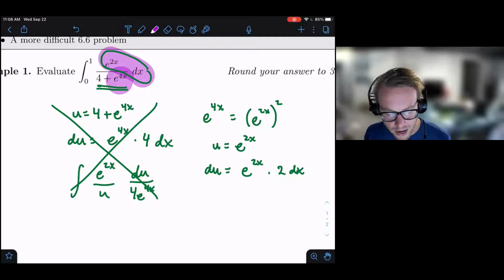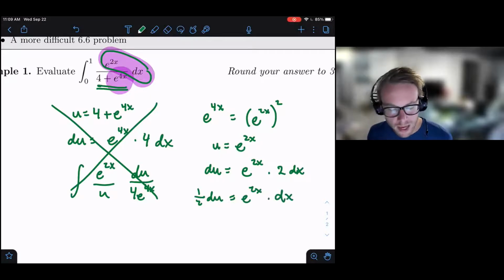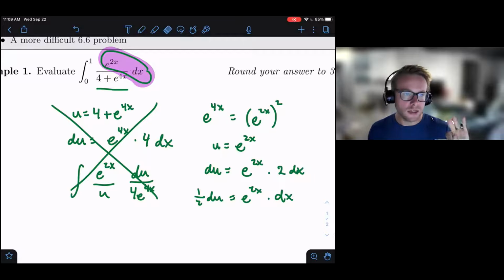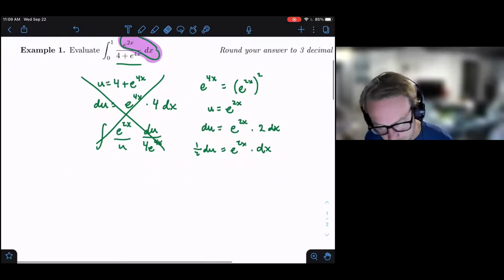So if I go ahead and rearrange just a little bit, I'm going to have 1/2 of du is equal to e to the 2x times dx. So again, we're trying to get that e to the 2x times dx. Maybe if that was our du, maybe this leads us down a good path. So in this case, okay, seems reasonable so far.